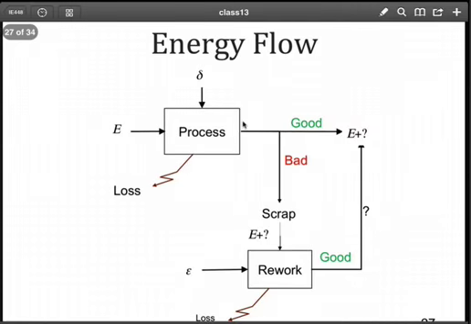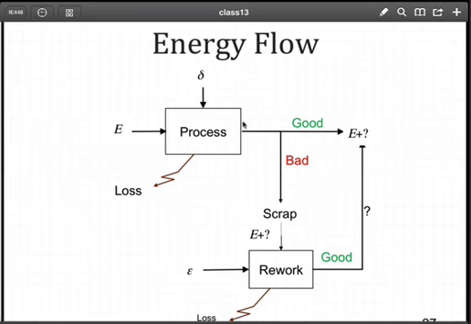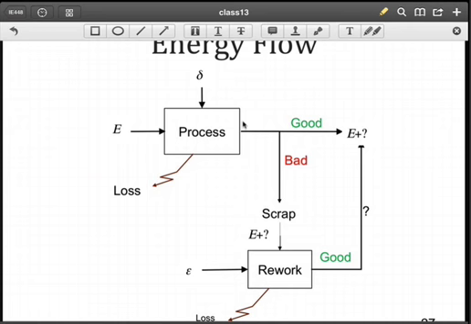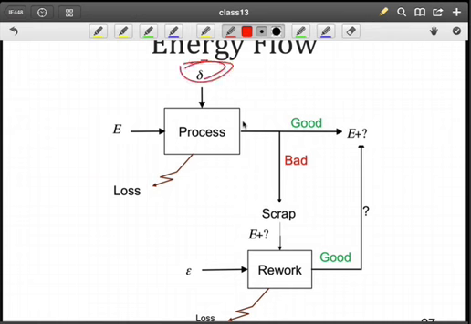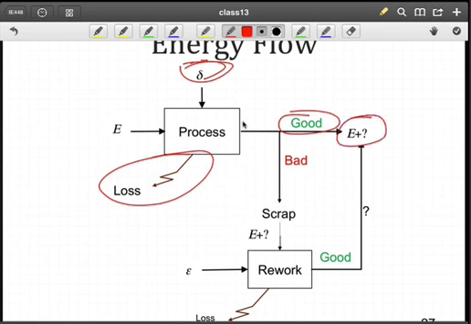If you look at the energy flow, again, in the same model, what we see is energy entering our process, and then some slight deviations in terms of energy from the external environment. We also see losses in the process, such as heat transfer and so forth. Once we create our part, and we're assuming they're good parts, we're going to have a certain amount of energy E plus some question mark, and the question mark is coming from the rework.